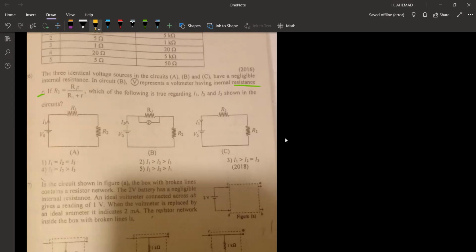If R3 is equal to this value, which of the following is true regarding I1, I2, and I3? Okay, so let's look at the circuit.